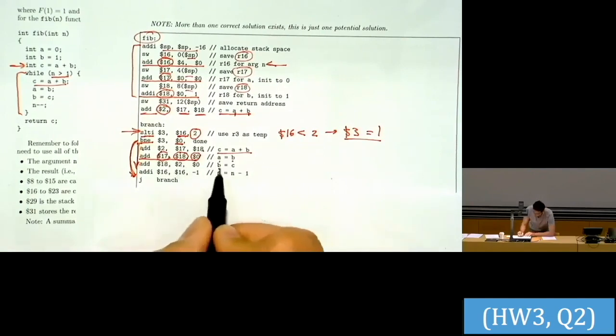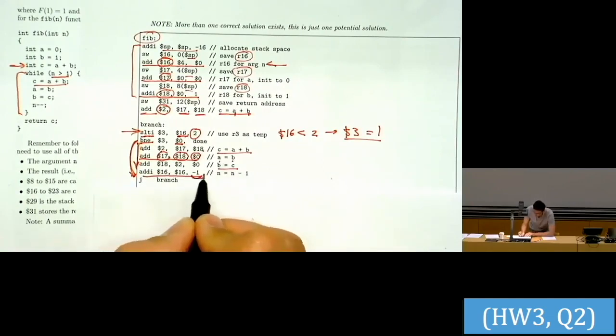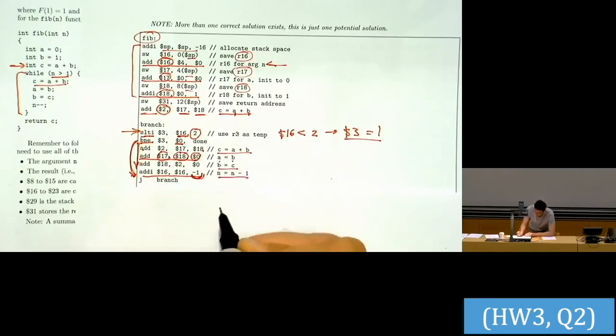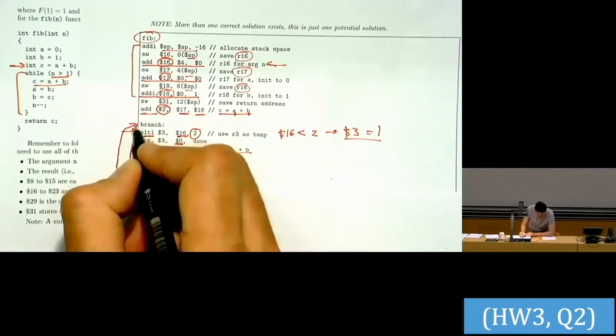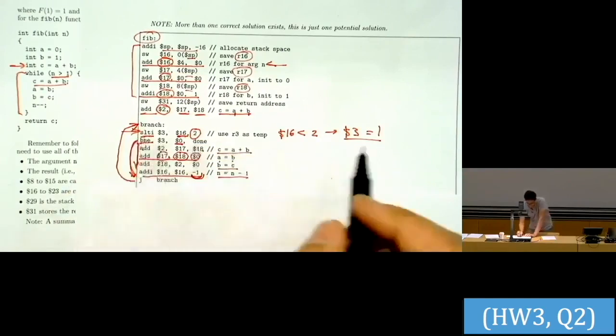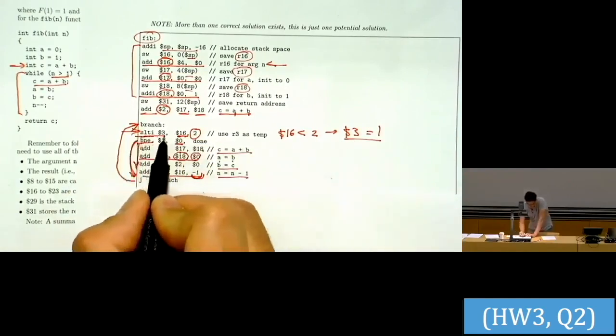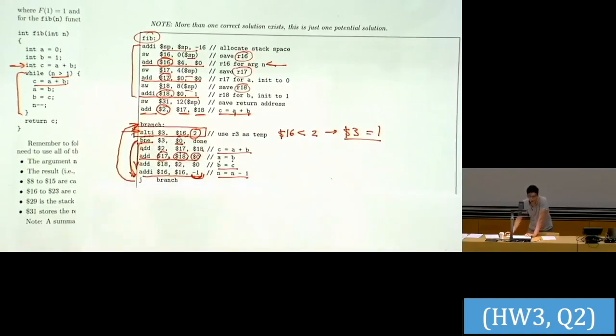We do the same to store C in B, and after that we decrement n. This is an immediate addition of -1 to decrement n. Right after that, we have this unconditional branch, this jump instruction, to start again and evaluate the content of register 16 that contains n. So we repeat this as many times as needed.